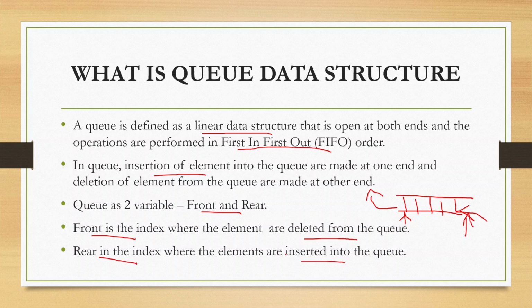A queue is a linear data structure which has a first in first out strategy. Insertion and deletion happen at the respective ends. Here we have two variables, front and rear. Front is the index where deletion happens, and rear is the index where we insert or enter the element.